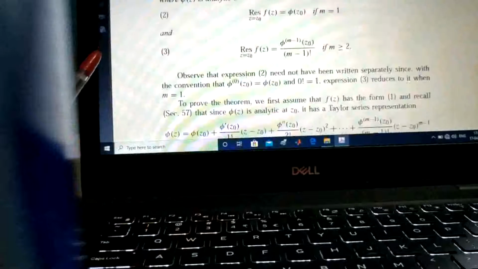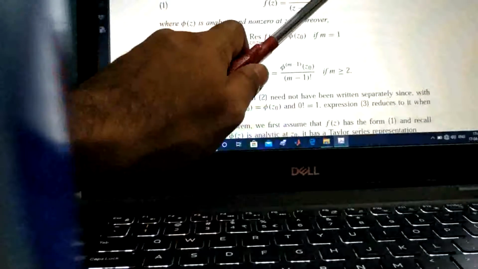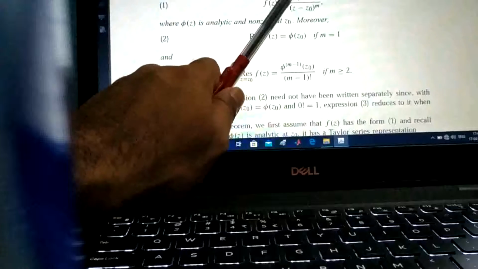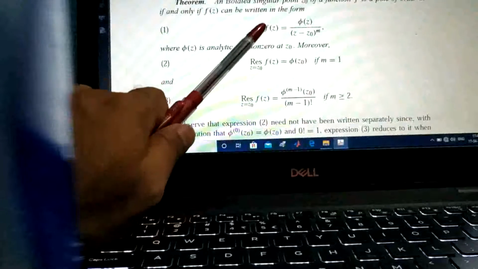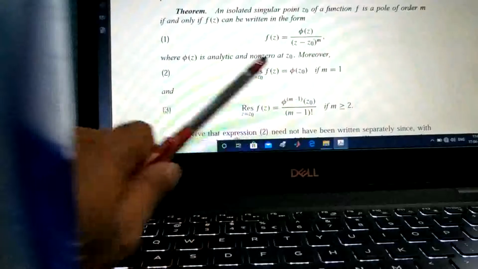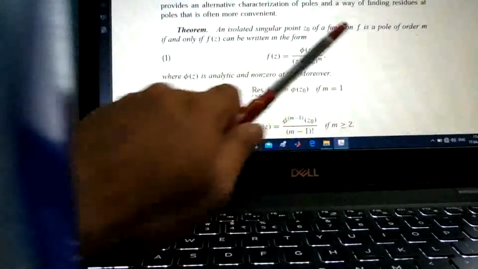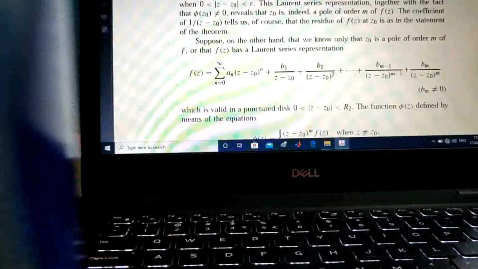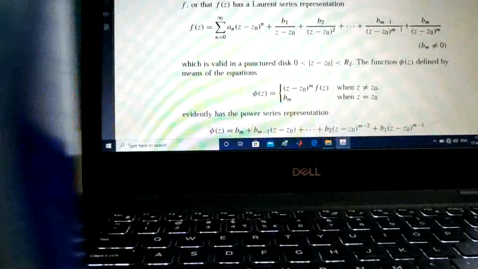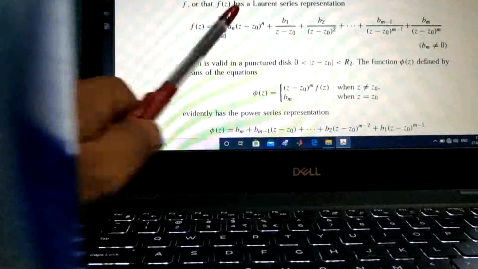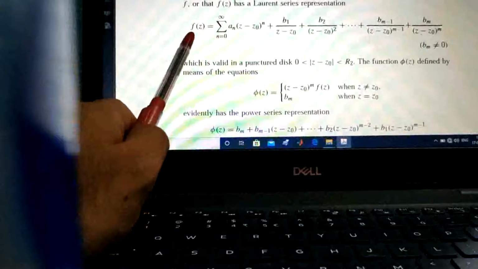So conversely, we have to prove that if z naught is a pole of order m of the function, then the function can be represented in this form. Let us suppose that z naught is a pole of order m of the function, and therefore the function will have a Laurent series expansion.